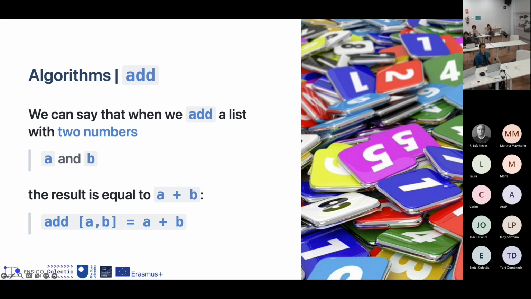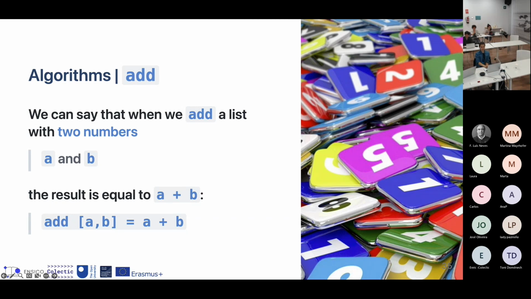So instead of just one number A, say that you have 2 numbers, A and B. Then we can tell the computer, okay, computer, if you want to add all the numbers in a list with numbers A and B, then the result is going to be A plus B. Okay, so now with these 2 instructions, the computer knows how to add a list with a single number and how to add a list with 2 numbers.